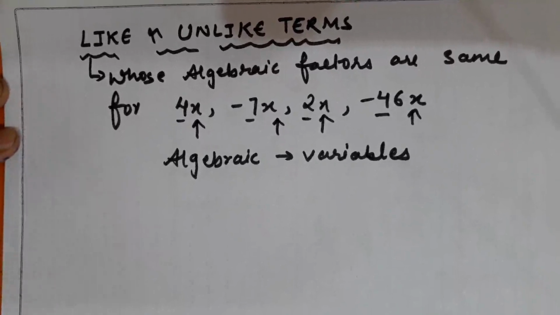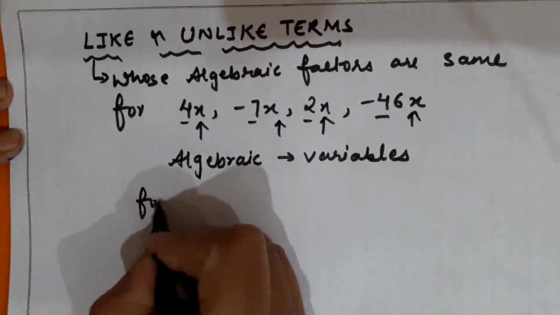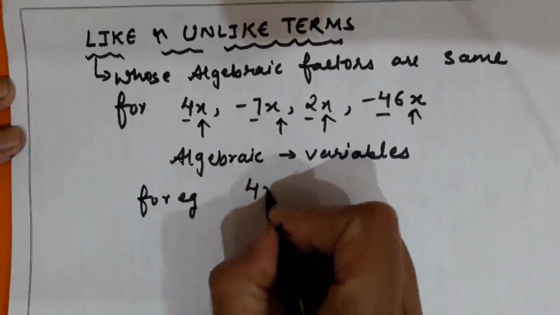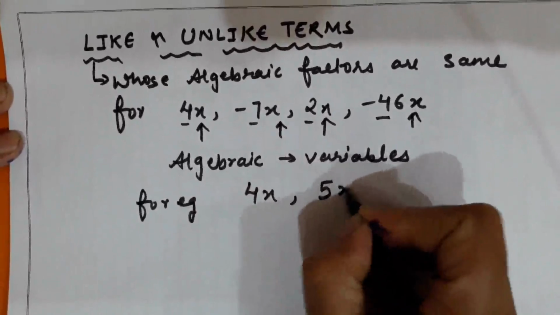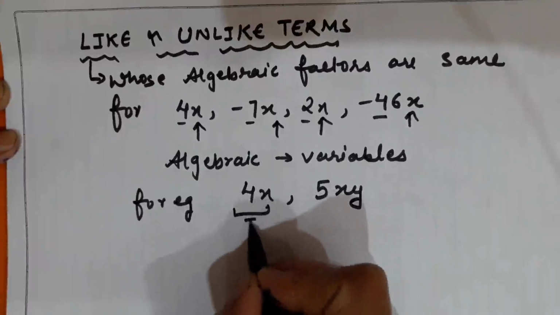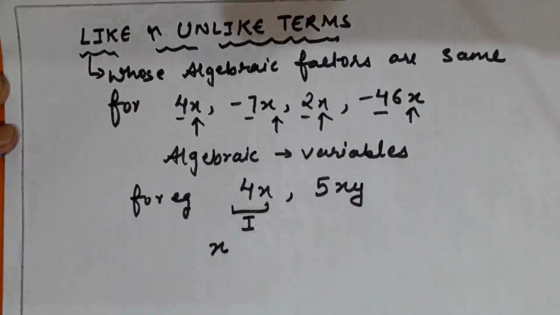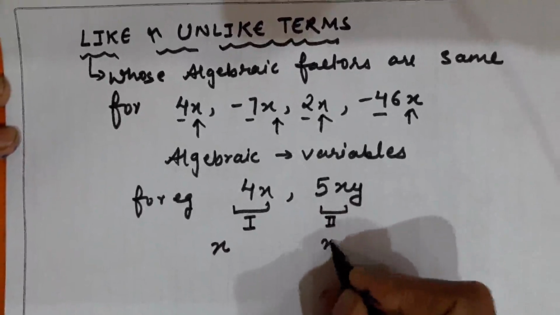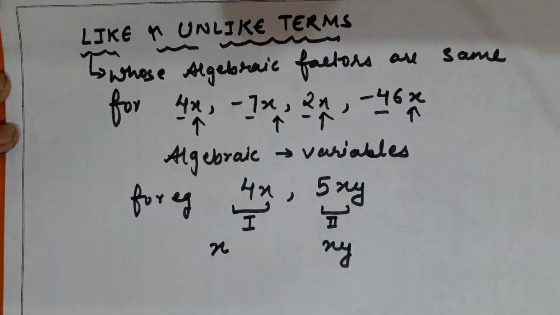Okay. Now let's take another example. For example, we are having 4x, 5xy. Now in this, in the first term, x is the algebraic expression. In the second term, xy is the algebraic expression.